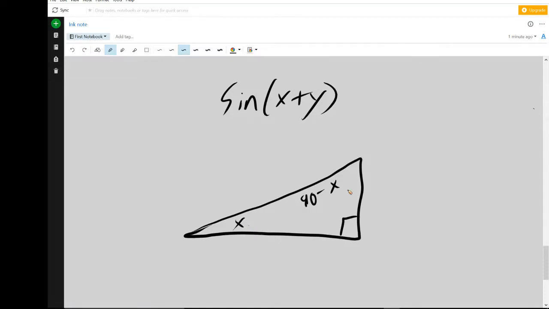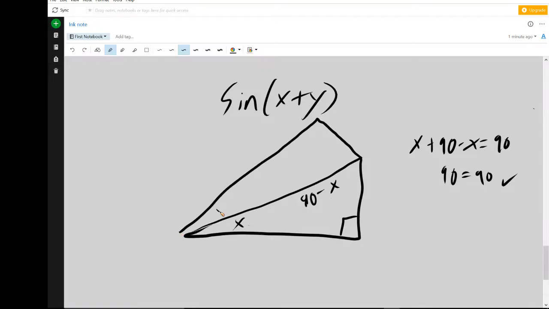There are only 90 degrees to split between these two angles. Therefore, x plus 90 minus x equals 90 degrees. The x's cancel out. 90 equals 90. Check. Good to go.